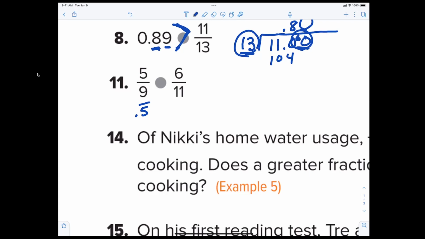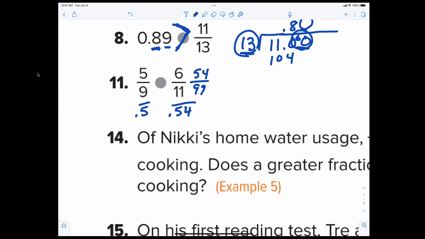Wow, impressive. 0.54 repeating. Who remember that from yesterday? Really smart, guys. Really, really smart. How do we know it was 54 repeating, Sadie? Yeah, girl. Very nice. Multiply by 9. So that's 54 over 99, which makes it 0.54 repeating. Very, very good. All right.